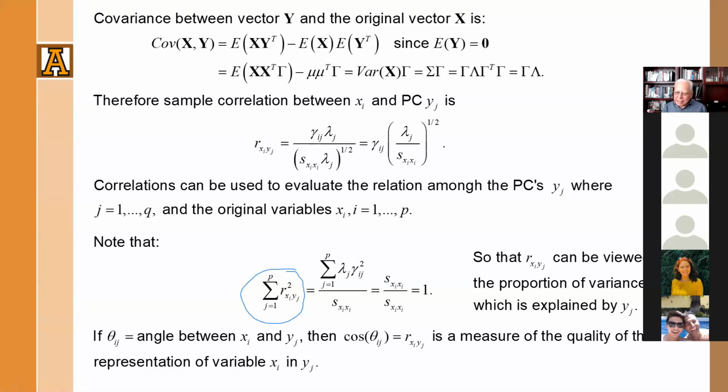That cosine is the correlation, and it is a measure of the quality of the representation of the variable xi in the jth principal component yj.